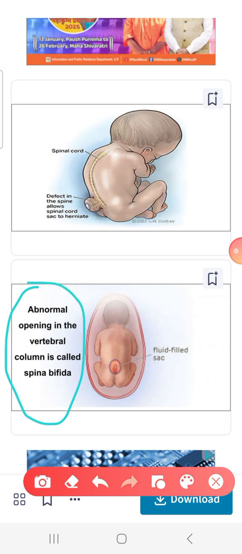The remaining two, anencephaly and encephalocele, develop in the skull and brain, but this one occurs in the vertebral column. In the vertebral column, a fluid-filled sac occurs, and that is considered spina bifida.